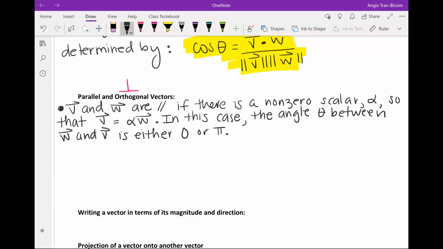The next two bullets will be for your orthogonal.